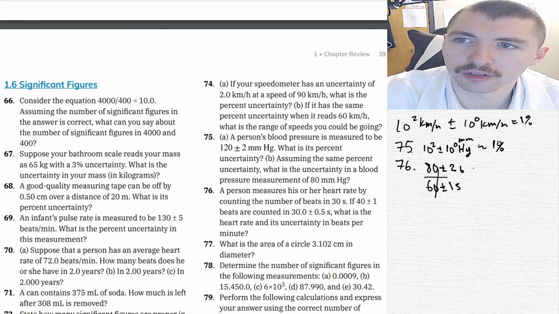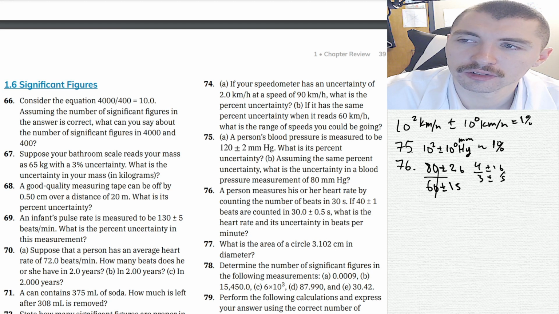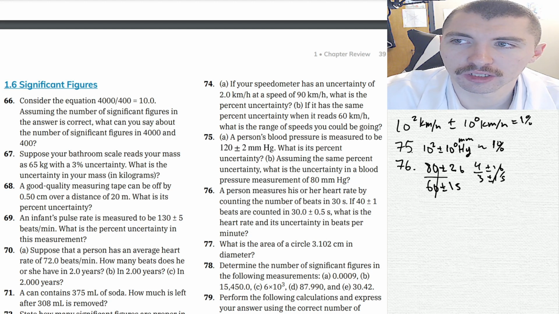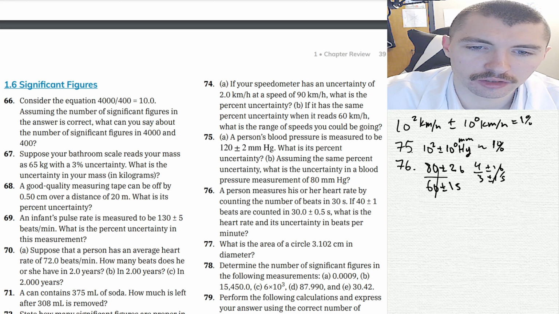So that's about 4/3 plus or minus 1 beats a second. So that's about 25% uncertainty. Well, these would cancel out, so you would have 4/3, so you would have no uncertainty.